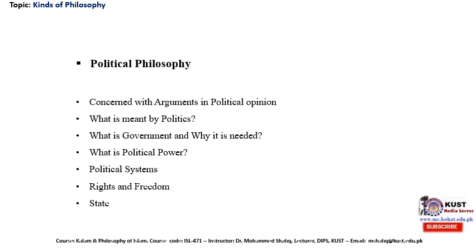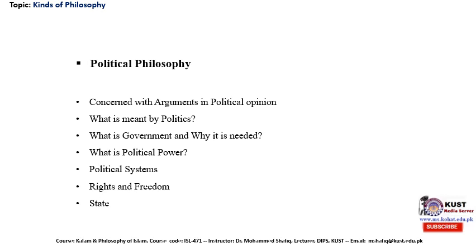It also deals with the question, what is government? And why do we need a government? What is meant by government? And what kind of government do we need? For some people, it would be a democratic form of government.